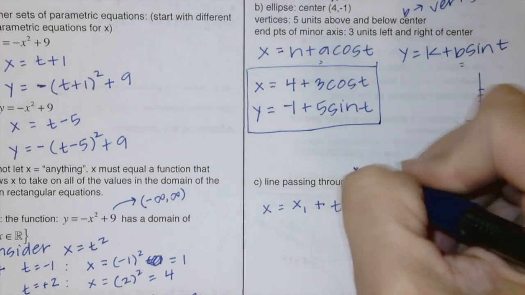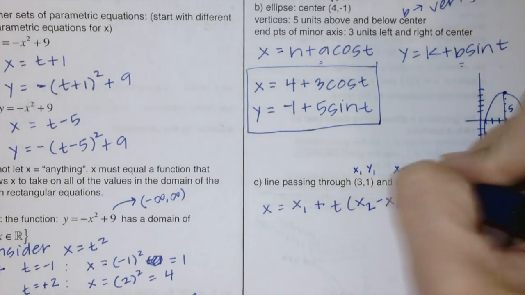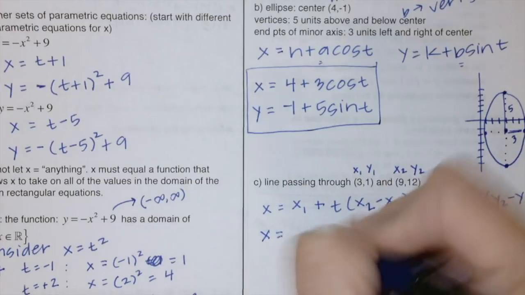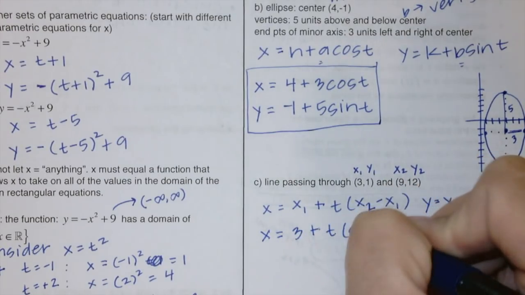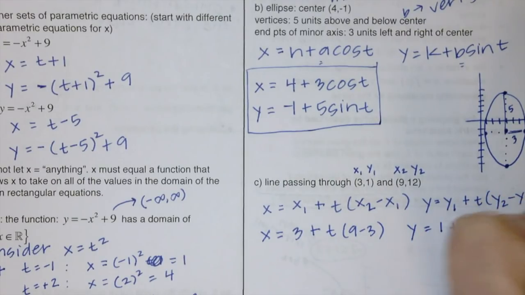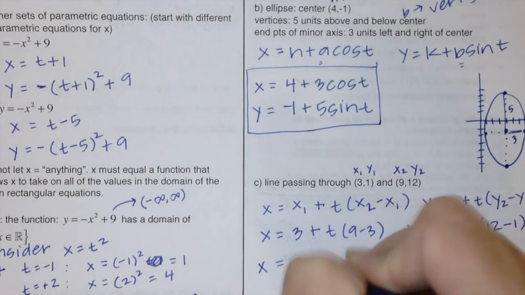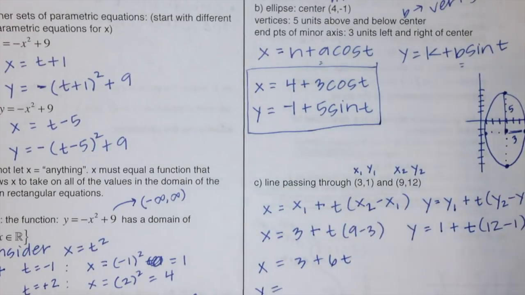Let's call this one point 1, so that's x1, y1, and this is point 2, x2, y2. So we just plug and chug. We get x equals 3 plus t times 9 minus 3, and y equals 1 plus t times 12 minus 1. And then we get x equals 3 plus 6t, and y equals 1 plus 11t.